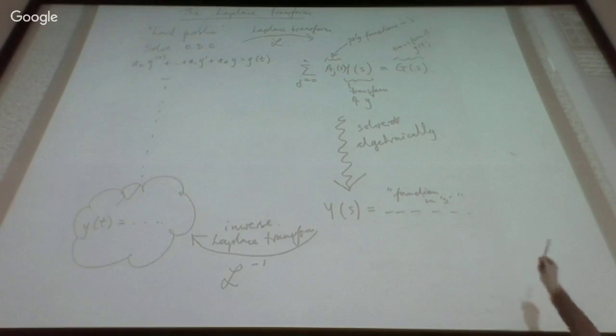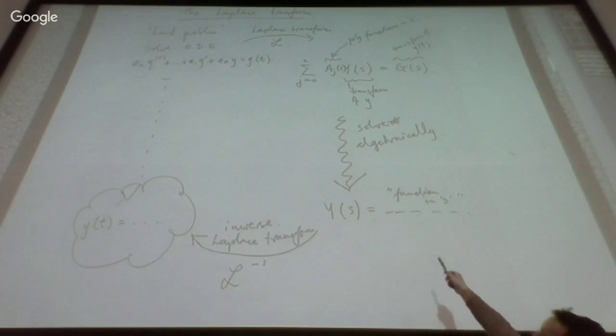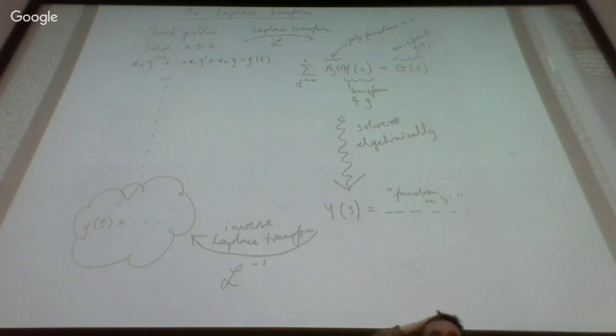This one can be solved relatively straightforwardly to get its solution, capital Y of s. This capital Y of s represents the transform of the original unknown function, little y. And then we take this inverse transform, which goes in the opposite direction, the inverse of the original transform, and this brings us back to the function y of t, which solves the original problem.